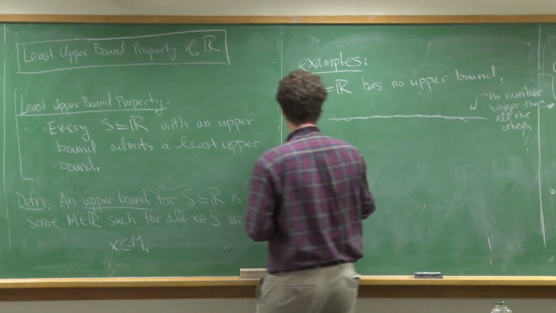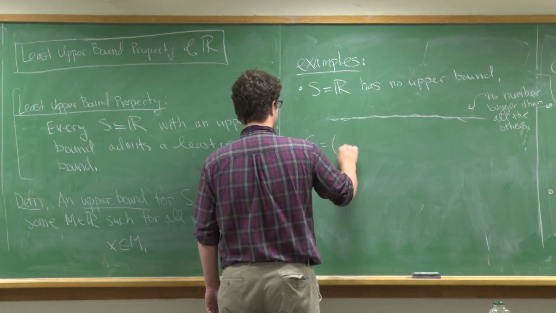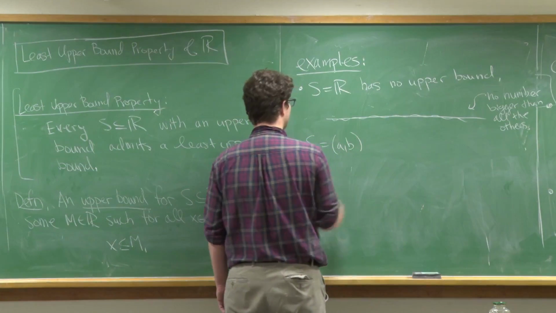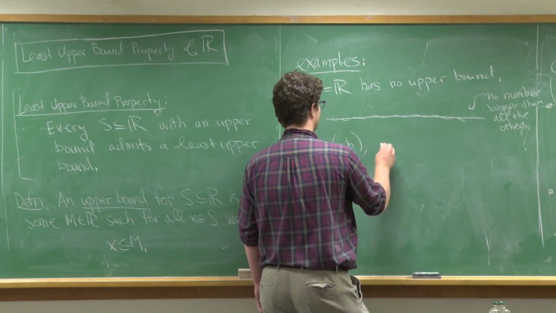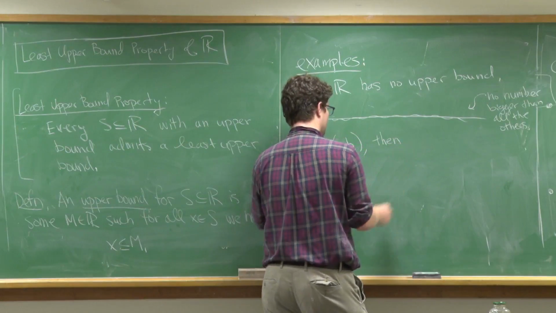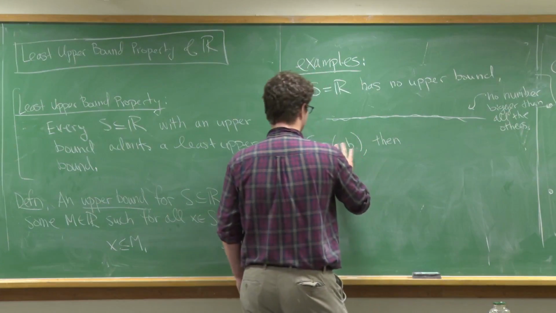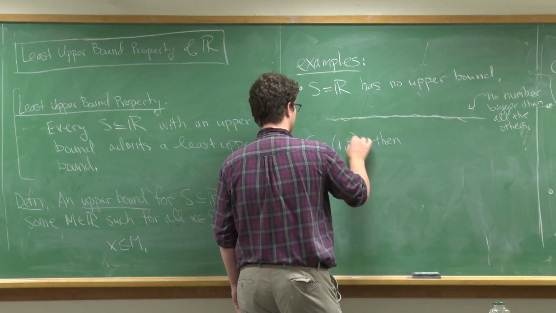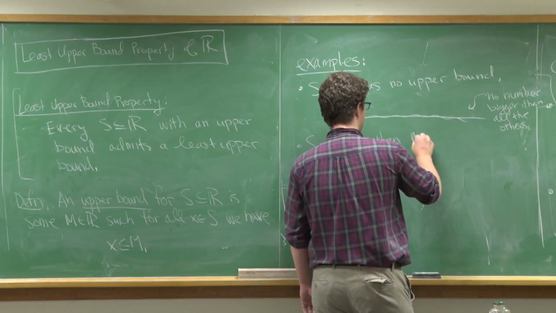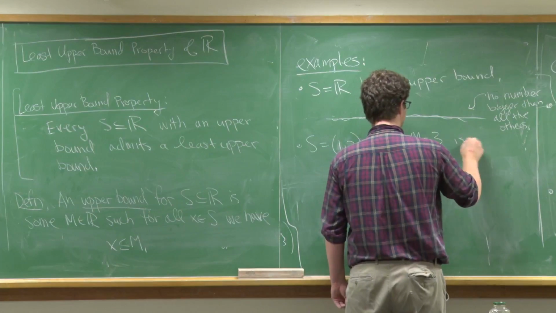But if S is equal to the set, say, (a, b), let's make this more concrete: (1, 2). Then m equal to 3 is an upper bound.